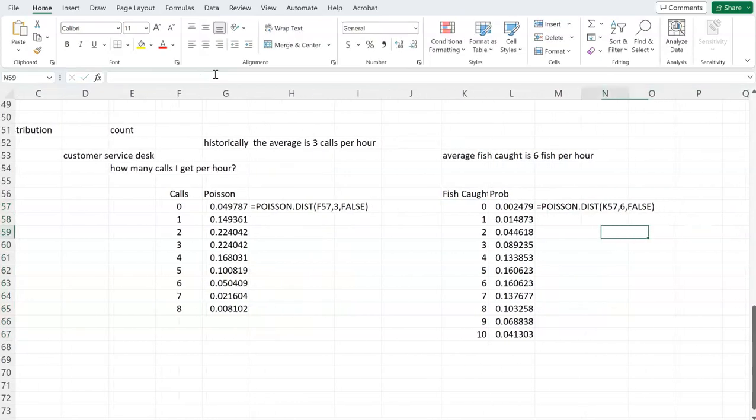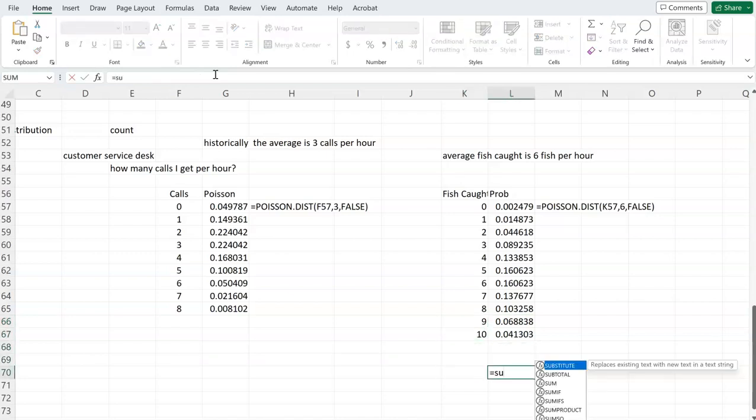So it seems like there's a 16% chance that I may catch 6 fish in an hour. There's almost a 7% chance, sorry, not 9, it should be a 6.8% chance that I may catch 9 fish in an hour.